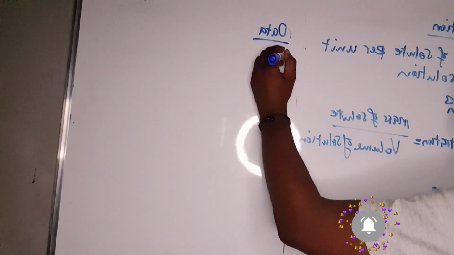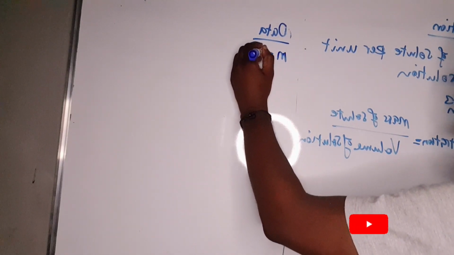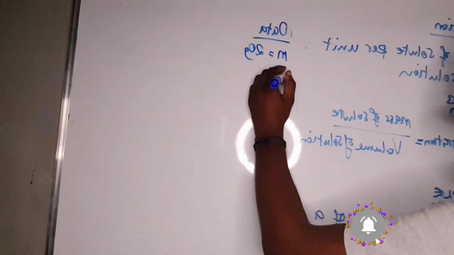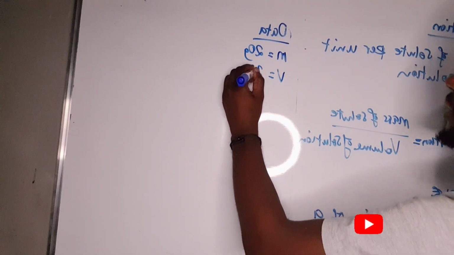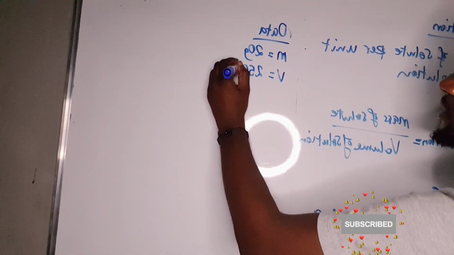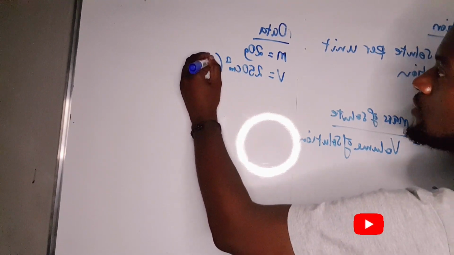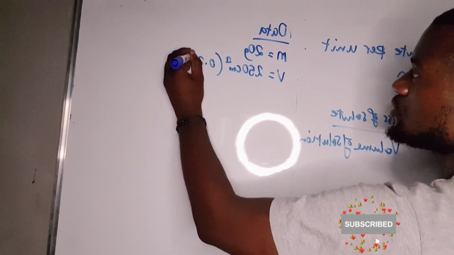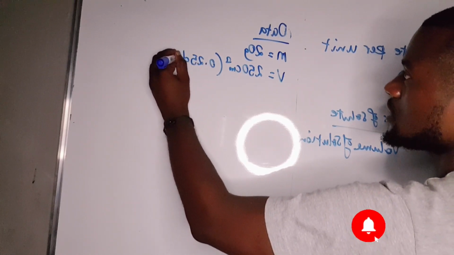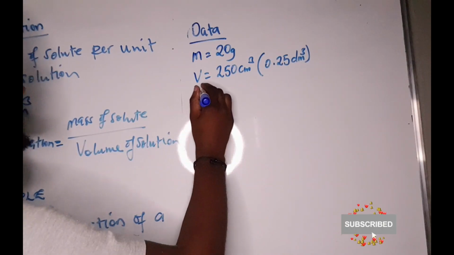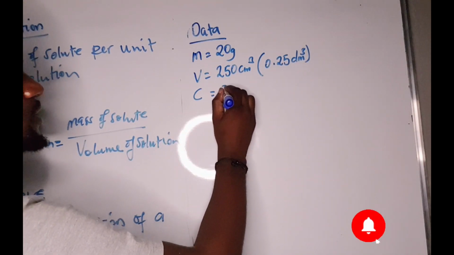We have mass, which is 20 grams, and volume, which is 250 cubic centimeters, converted into 0.25 cubic decimeters. Then we are calculating the mass concentration.